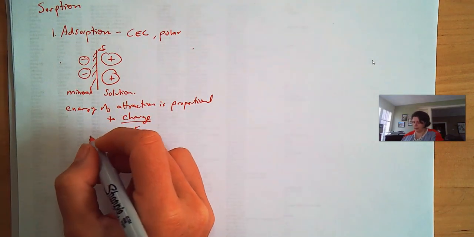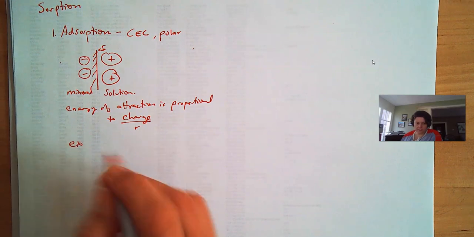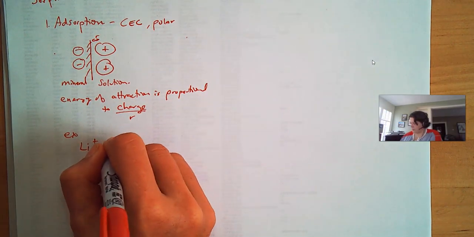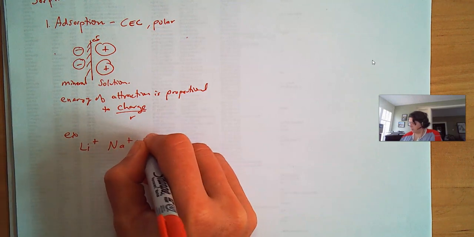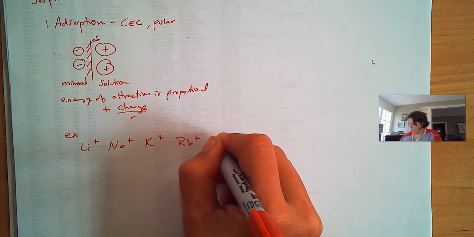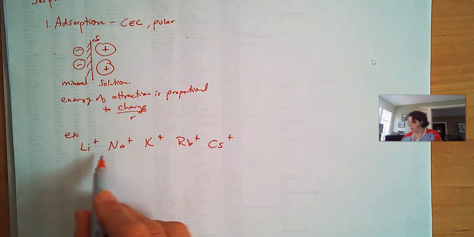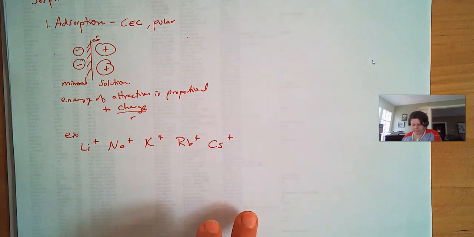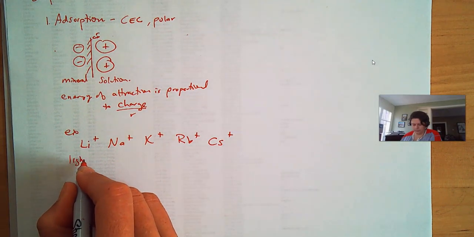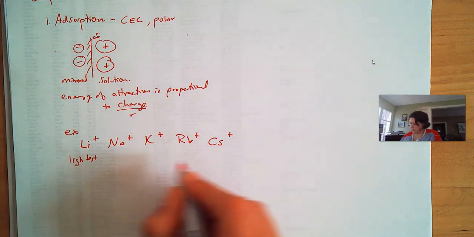So we're going to give some examples here. Say we have lithium, sodium, potassium, rubidium, and cesium. They're all monovalent cations, so we don't have that indicated here. This is the lightest of them all, and this is the heaviest.